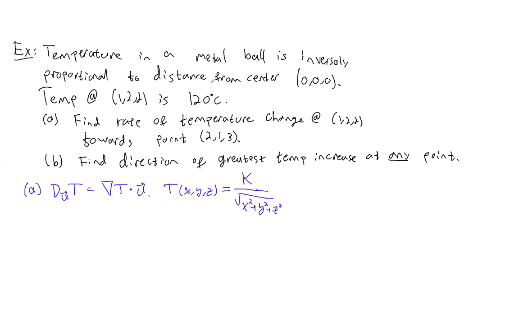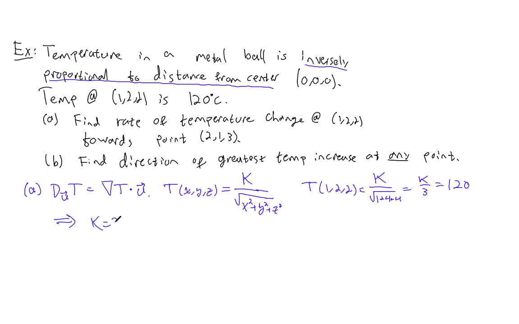I don't know what k is. I do know that T(1, 2, 2) would be k over root 1 plus 4 plus 4, or k over 3, and that's 120, which tells us that k is actually 360. So now we know what our actual temperature function is.